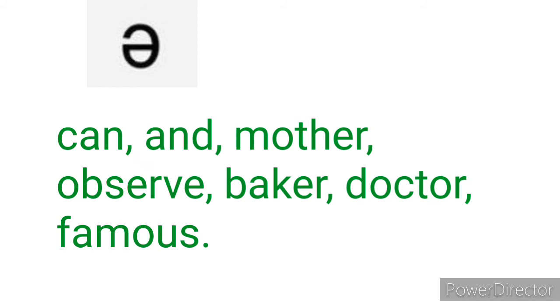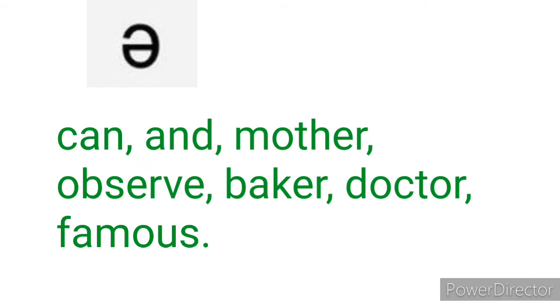Let's see more examples. The word mother has two syllables, mo and ther. So the unstressed syllable in the word is T-H-E-R. So the E-R in mother will have to be pronounced as the schwa sound, mother.